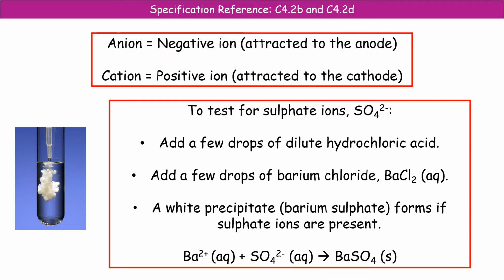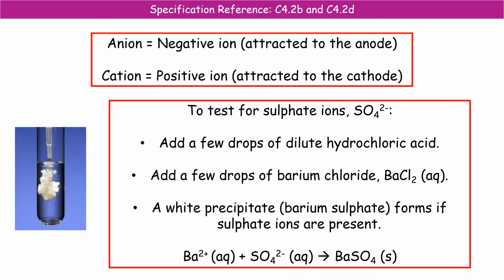In today's little booster we're going to be looking at the anion tests. Anions are negative ions, and we're going to look at a range of different tests that we can do to identify some of these negative ions that may be present.